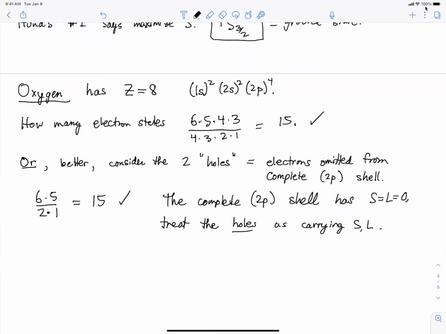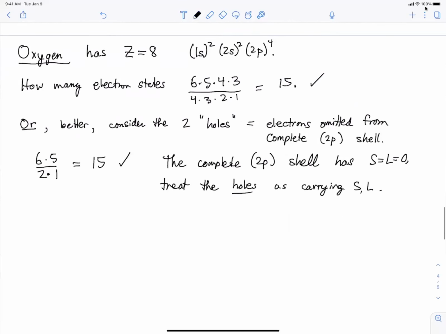Okay, this is a lot easier than combining. We would otherwise have to combine 4 different angular momenta for spin, 4 different angular momenta for orbital, then figure out which combinations of them make antisymmetric combinations. But here, if we have only 2p holes rather than 2p electrons, then it's the same as what we already did for carbon.